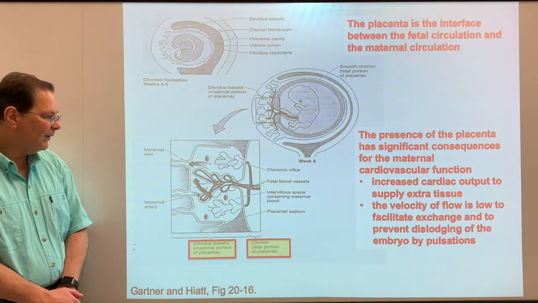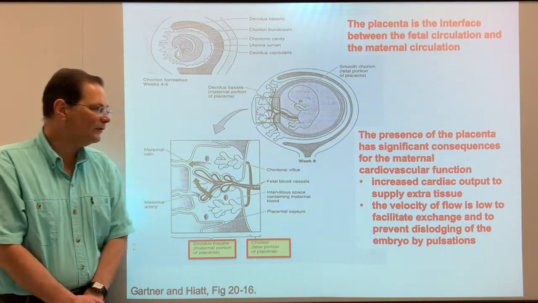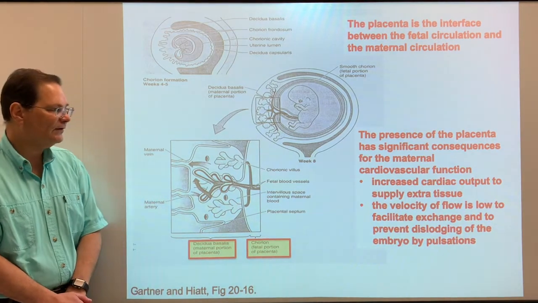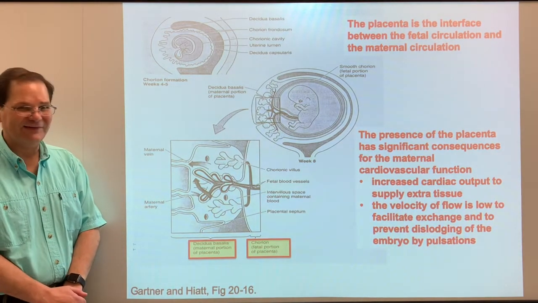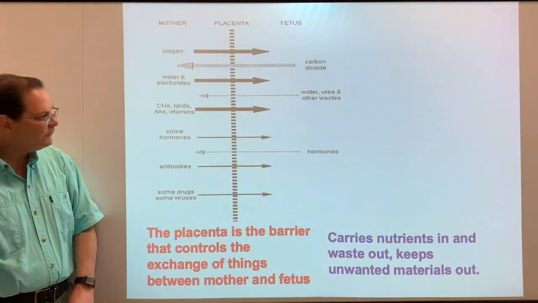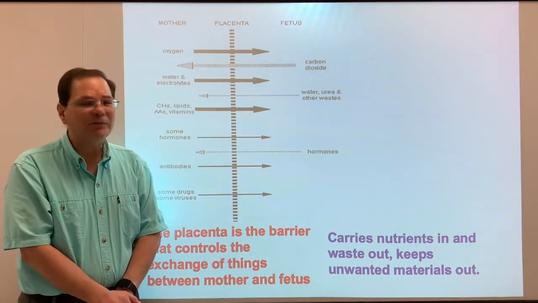If you have a rapid influx of blood, let's say you have pulses of blood even, you might dislodge the fetus. And we definitely don't want to do that at any stage until delivery is ready to take place.